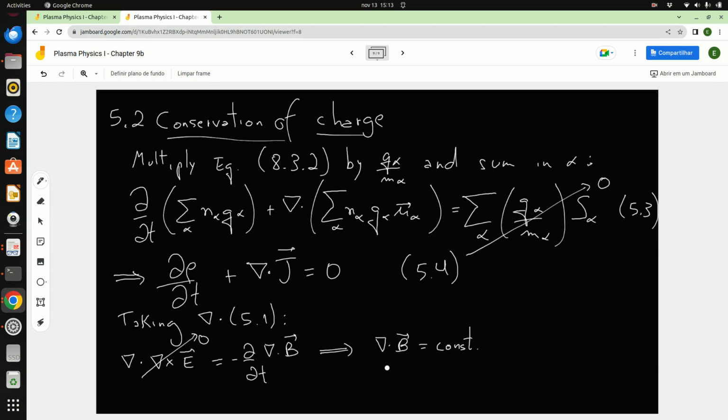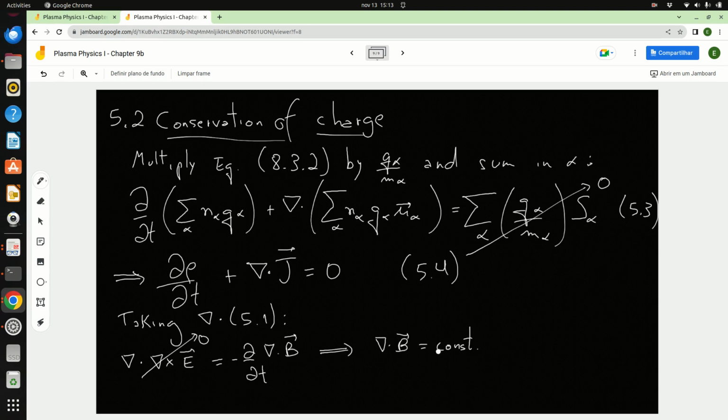So that's what we mean. Because you may think physically, of course, divergence of B is always 0, because we know that.